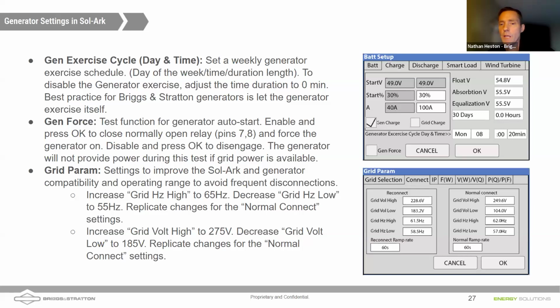You want the reconnect to be a little bit tighter than the normal connect. And then that reconnect ramp rate will start to load up the generator once we've reconnected. So under the grid selection, you have the ability to make some of these changes. I don't think I have a slide on it, but also under the grid selection, if you are off grid, you can change from a 1741 SB, which is a UL standard.